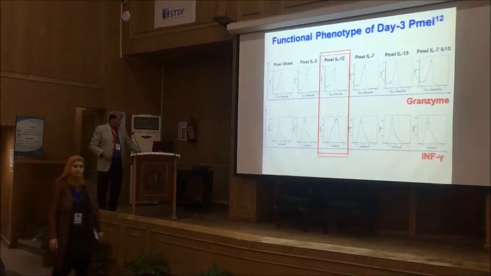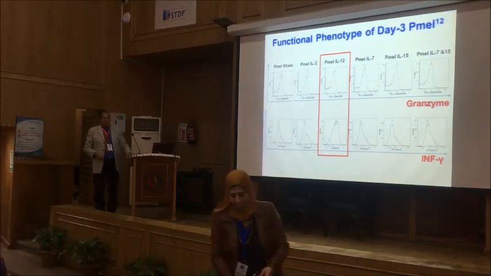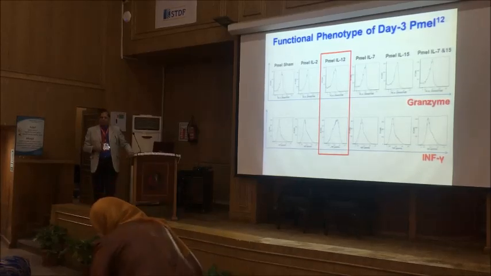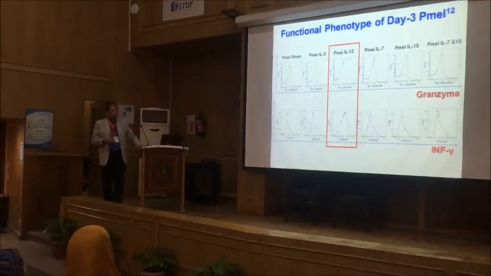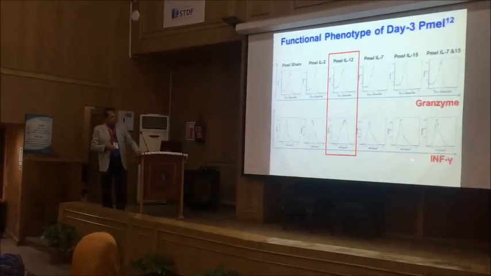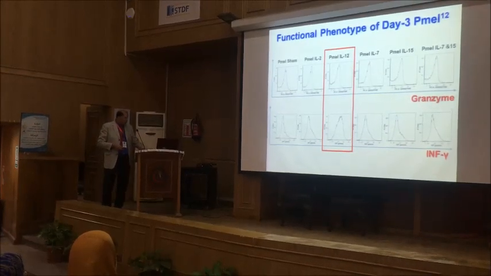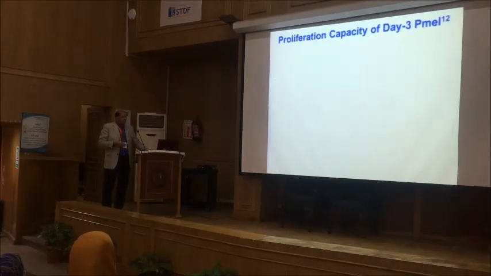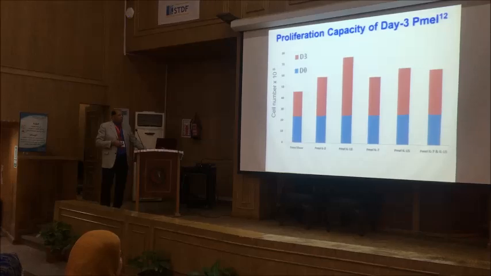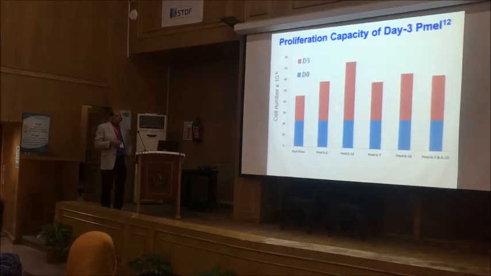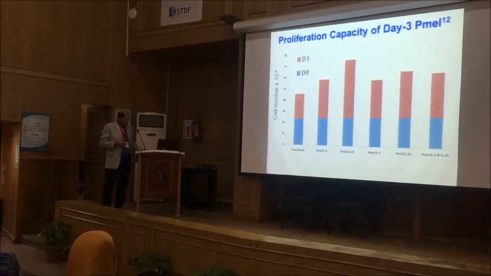The same when we looked at granzyme and interferon gamma, which are the cytolytic mediators of CD8 T cells. We found that interferon gamma especially is expressed much better than in the other groups. The same with proliferation with IL-12 at day 3.